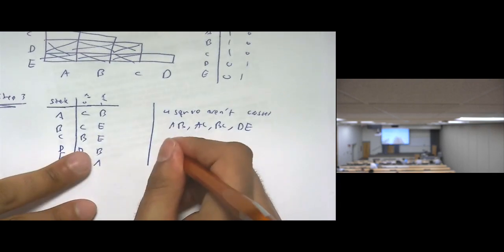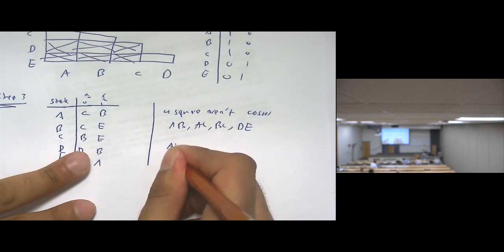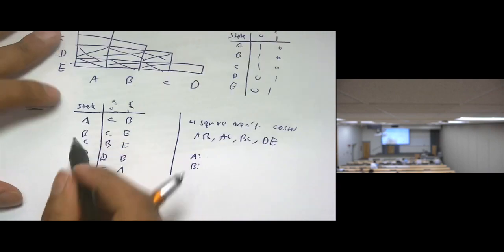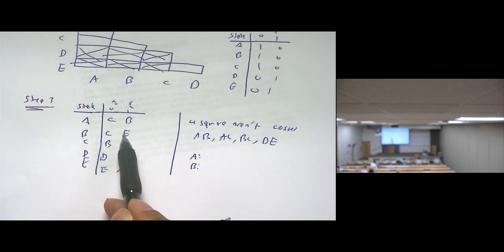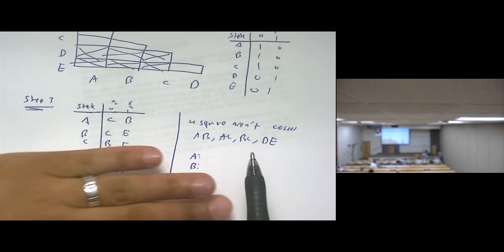So let's look at AB. A and B. A goes to C and B, B goes to C and E. So are those the same or not?